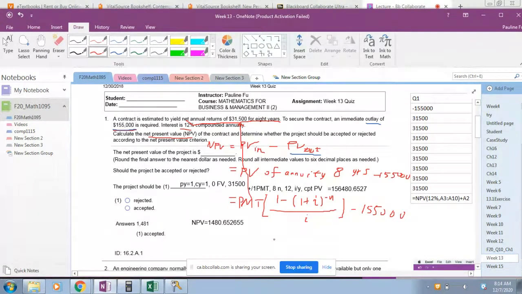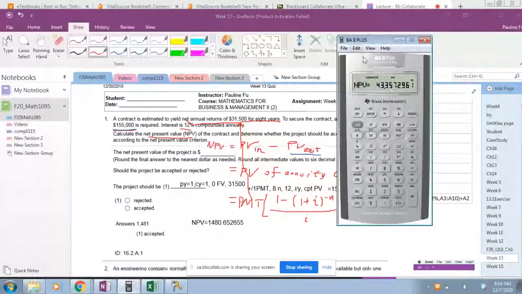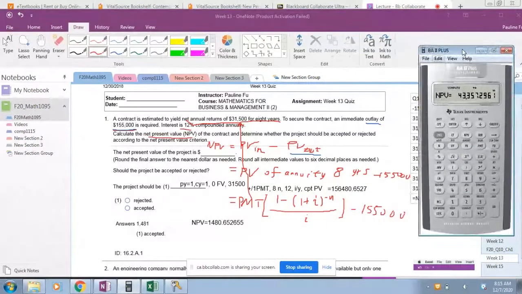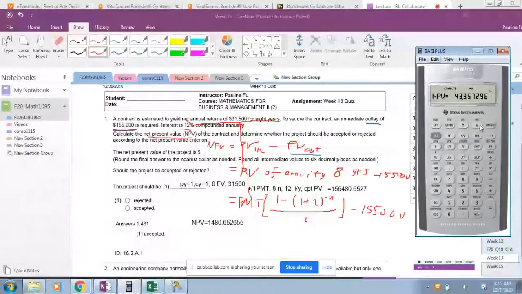And for the calculator method, how do you calculate present value for the annuity? I'm going to press second quit to clear anything. You need to make sure your calculator is at the end mode. So you go to second P/Y.